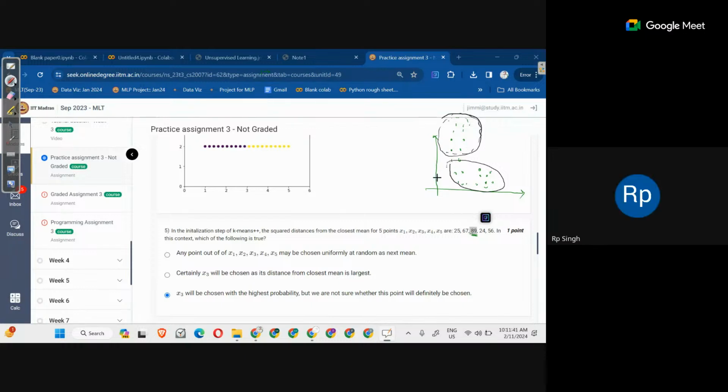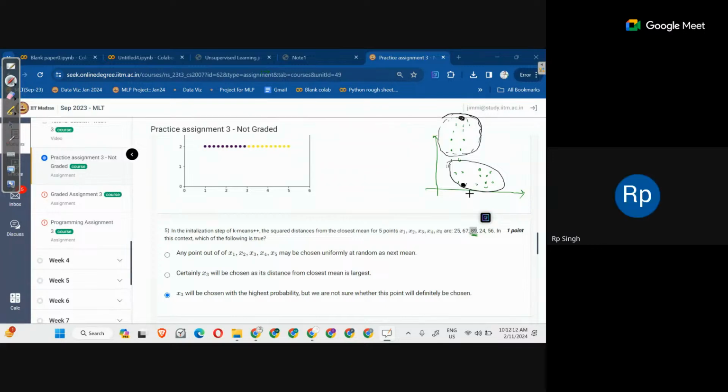That's why we say that our initial centroid should not be deterministic only. It should be a probabilistic model. If our first centroid is this, then by default k-means plus plus will try to take the second centroid somewhere here, and in that case, we'll end up with a shape like this, which is not the ideal shape which we want.